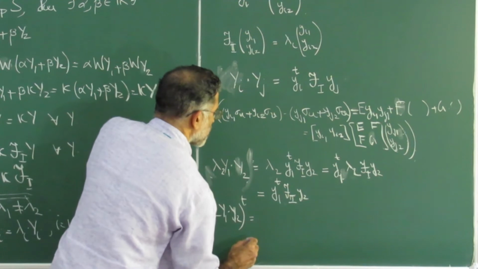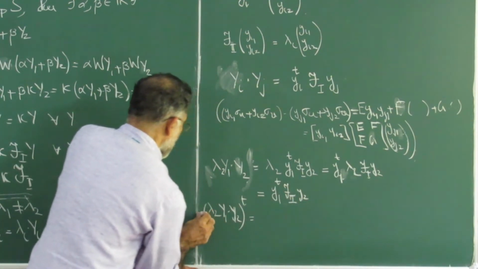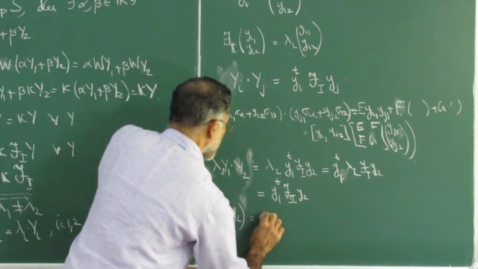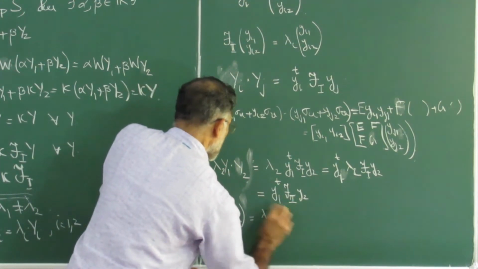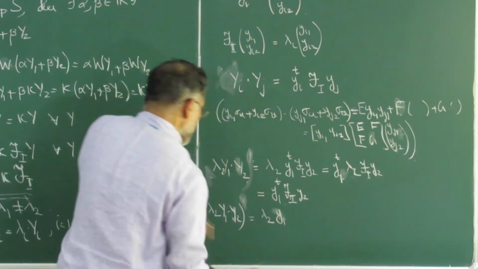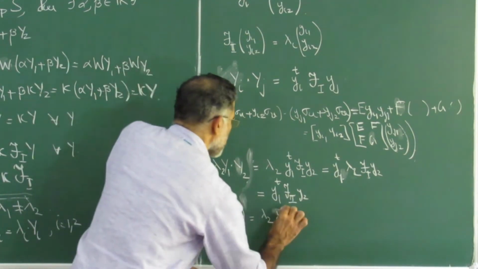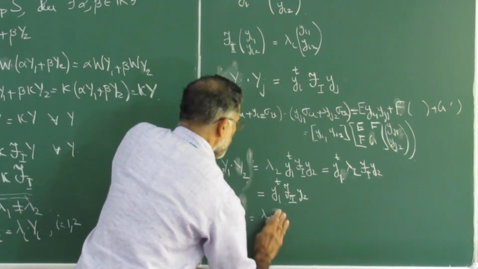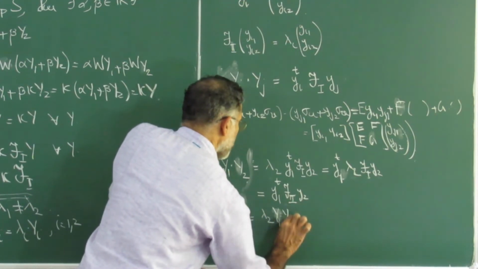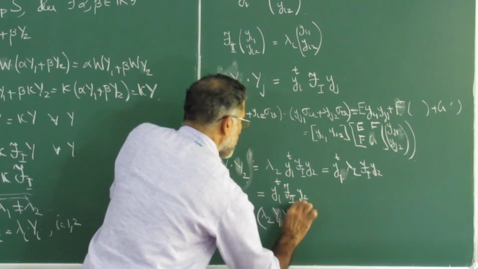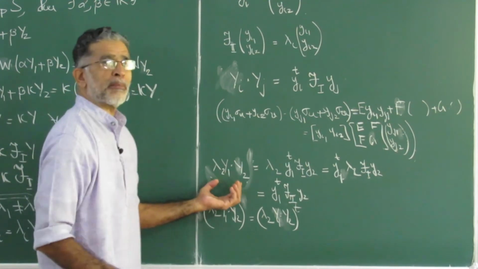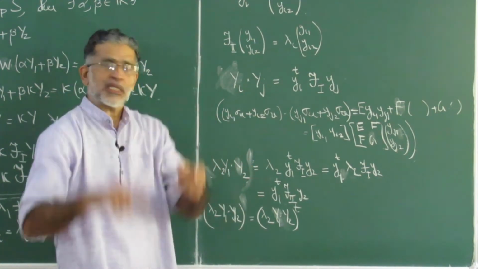What is the transpose of this? This is equal to lambda 2, y1 dot y2 transpose, because it's a real number. What is the transpose of a real number? It's a 1 by 1 matrix.